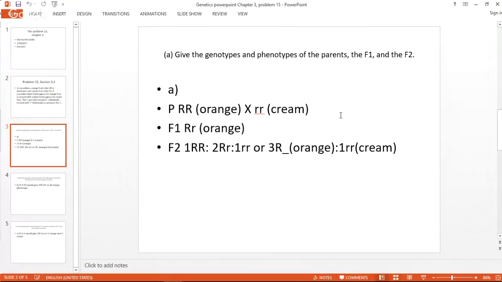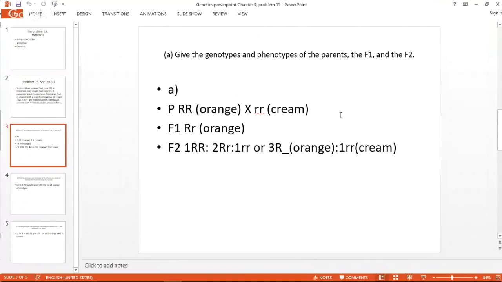Then we're going to cross that to get our F2: big R, little r across the top and big R, little r down the side. We're going to get one homozygous dominant, big R big R, which is 25%.